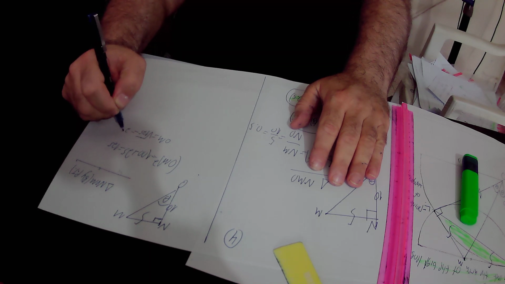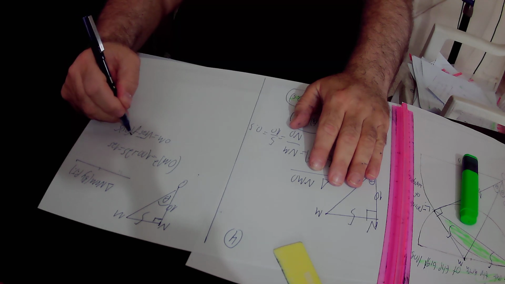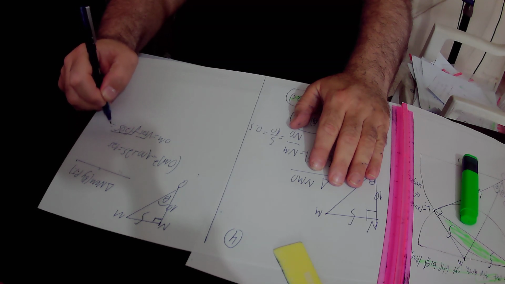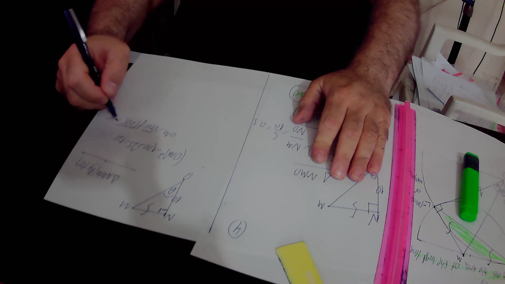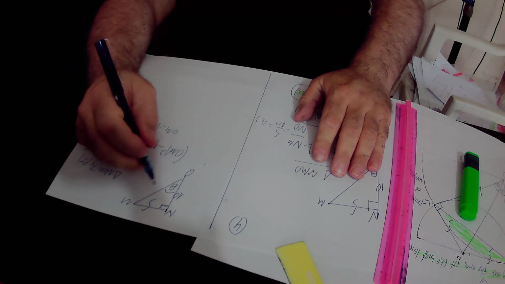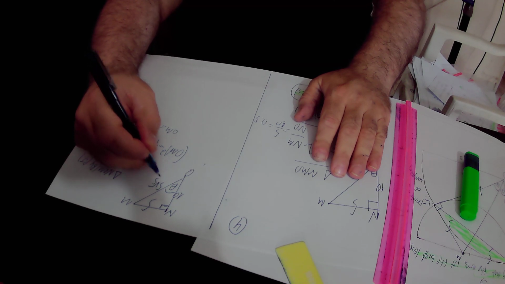125 is 25 times 5, so we substitute 125 by 25 times 5. We take the square root and we get that the square root of 25 is 5. Inside the root we are left only with 5. So in conclusion, we found out that the hypotenuse OM of the right triangle NOM equals 5 times square root of 5.